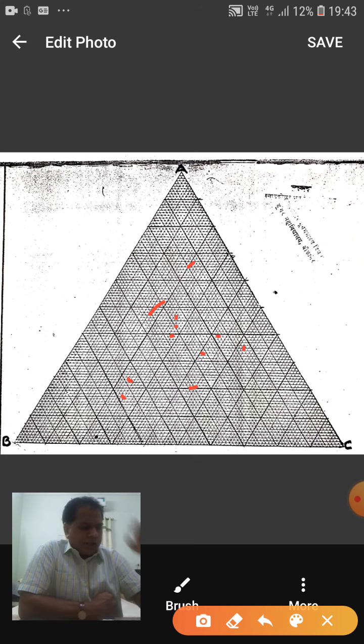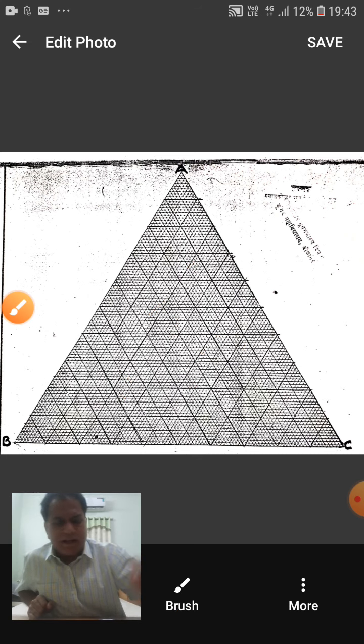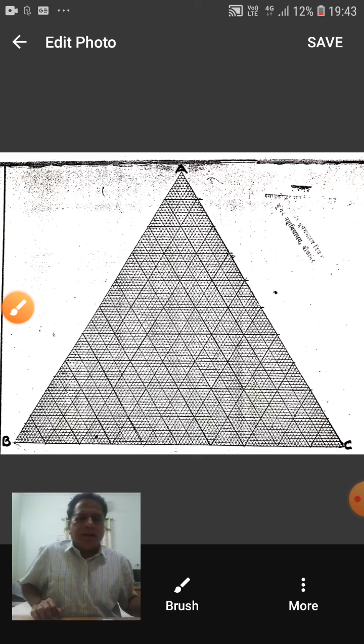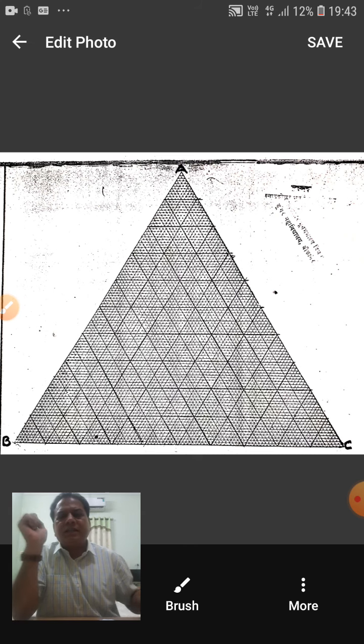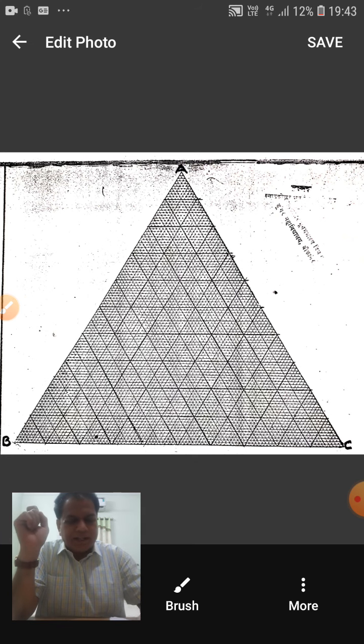Suppose we are given the composition as A80, B20. How will we mark that composition? Because there are three components A, B and C, A is 80, B is 20 and C is 0, right?